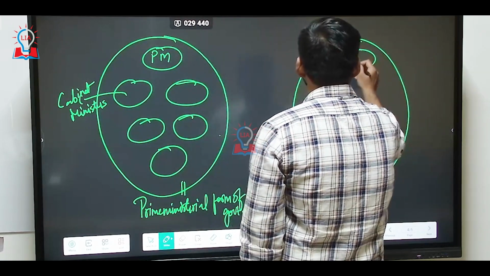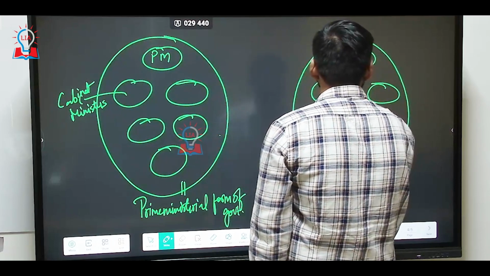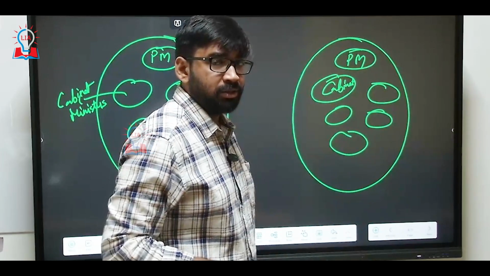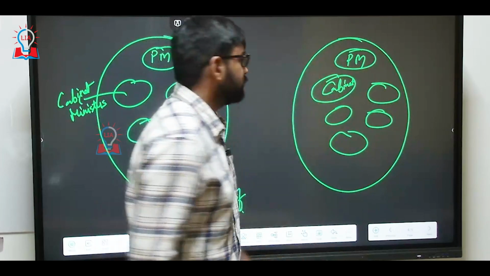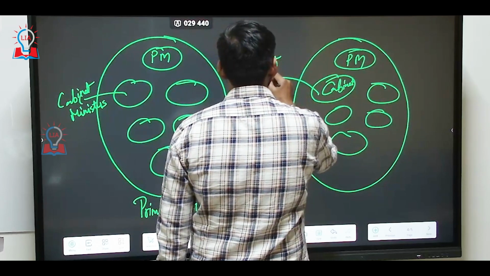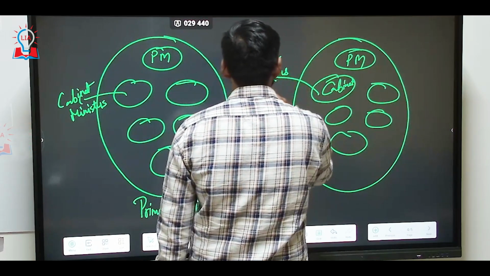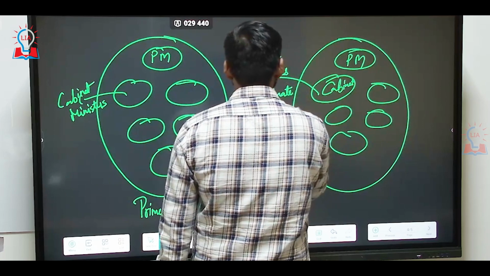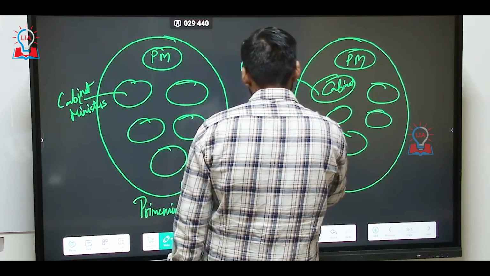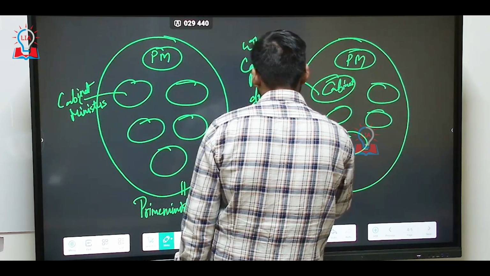And another diagram, again the prime minister, and these are cabinet ministers. When cabinet ministers dominate in front of the prime minister, it would be called the cabinet ministerial form of government.